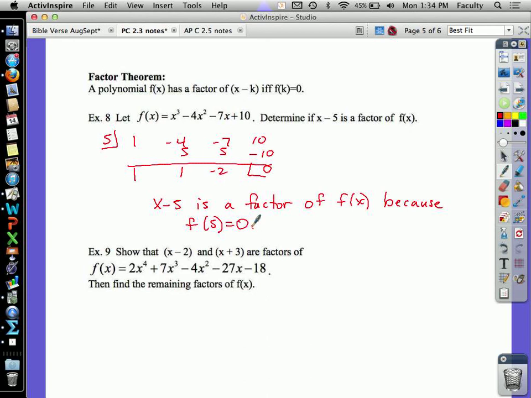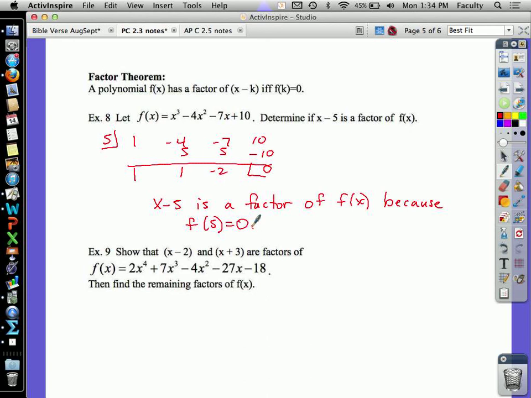Alright, last example says, show that x minus 2 and x plus 3 are factors of f of x. Then find the remaining factors of f of x. Something I need you to work on is the instructions of the problem. So when you do tonight's homework, and since this is a one-day lesson, this is due tomorrow, some of the homework problems will say, find the remaining factors, and then you're going to do it like we do this.